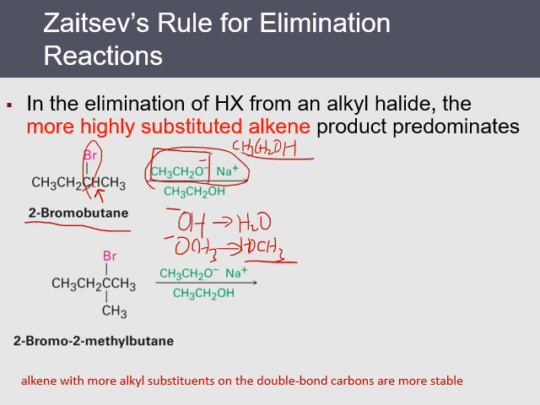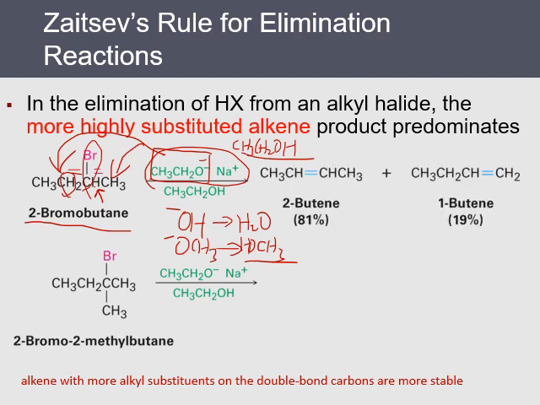So the choice is either this neighboring hydrogen, or this hydrogen on the other side, both adjacent to the carbon-bromine bond, and that will make a double bond between the two carbons. So these are the two possible products.